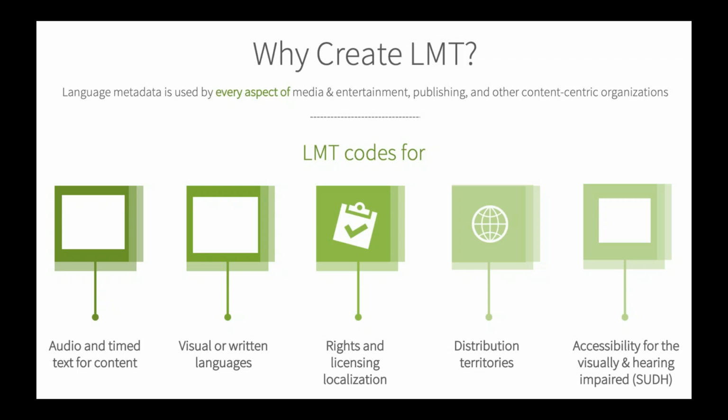You could do it by country, but there wasn't one for a geographic area of Latin America or North America or Europe or Asia. So we needed something that would encompass that as well as being able to go more granularly. And as I mentioned here, the accessibility, so the subtitles for the deaf and hard of hearing is the SUDH. And like I said, there's also Braille, for screen readers and stuff like that, knowing what language can be very helpful.